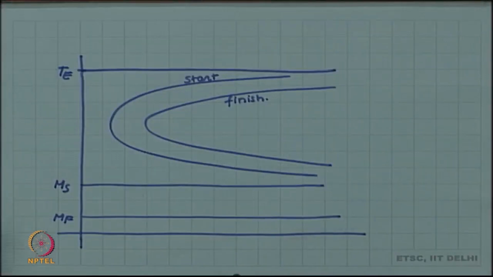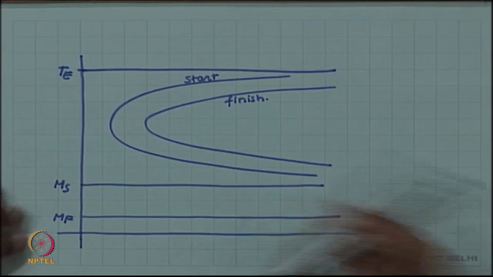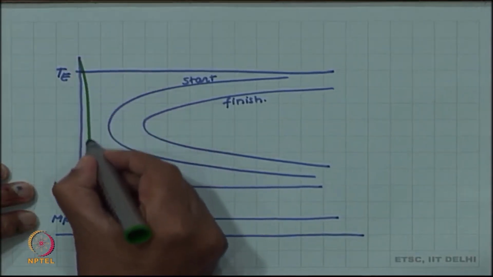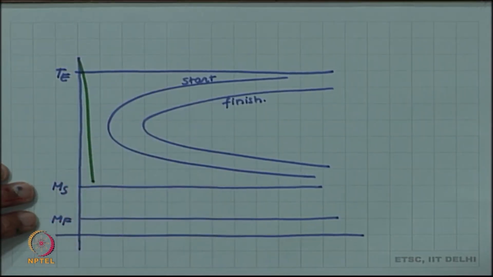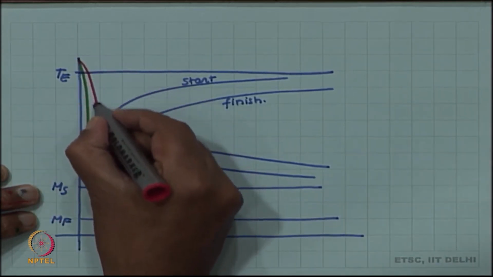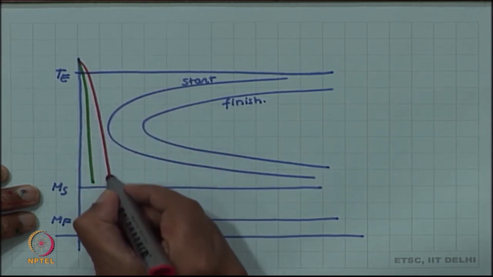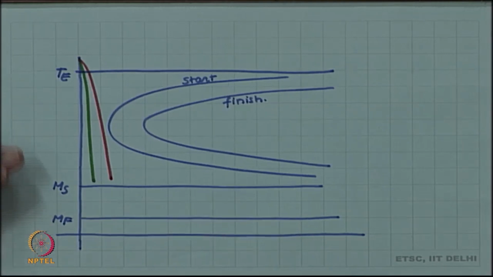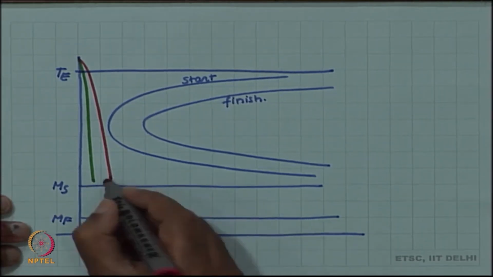So, what we do is, instead of quenching, so this was the surface which was cooling faster and this was the inside which was cooling much slower. Now, instead of cooling all the way below MS and MF to form martensite, we interrupt the quench here.